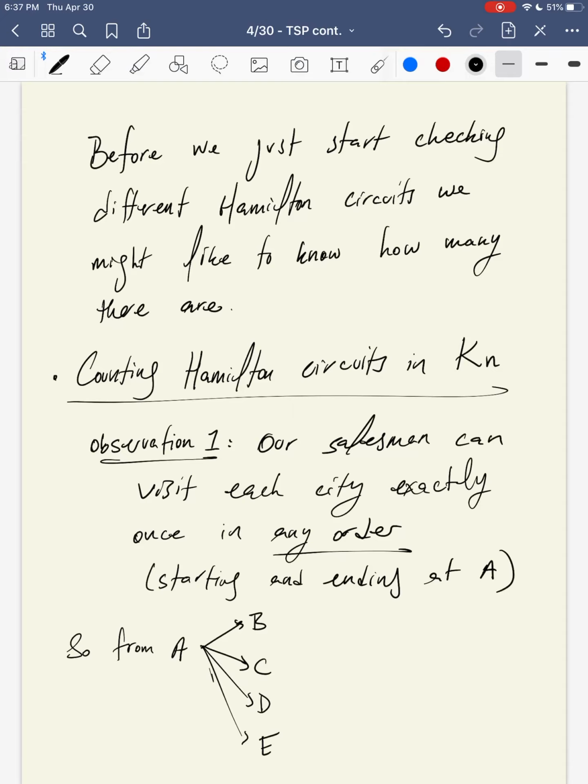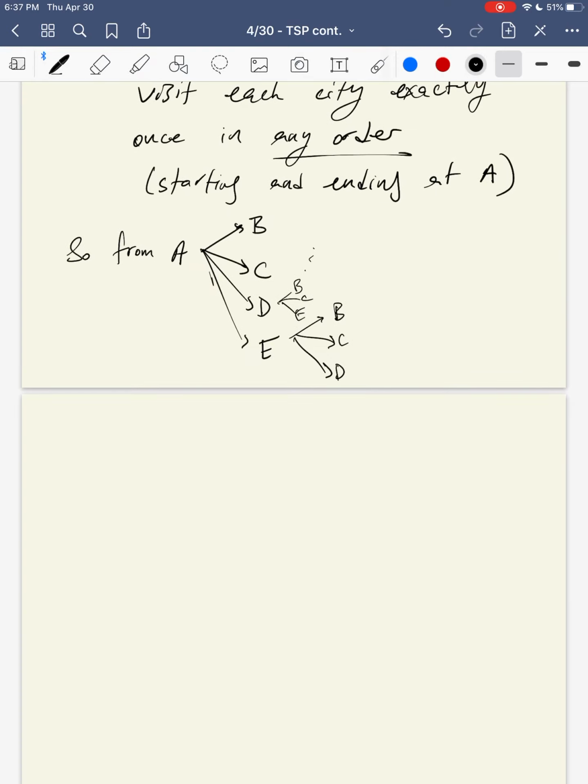Now, if the salesman goes from A to E, then the next option is either B, C, or D. And same, if he goes to D, then he's got B, C, or E, etc. So what we notice is that he's got 4 options for the first trip, 3 options for the second, 2 options for the third, and 1 option for the last because he needs to go home.